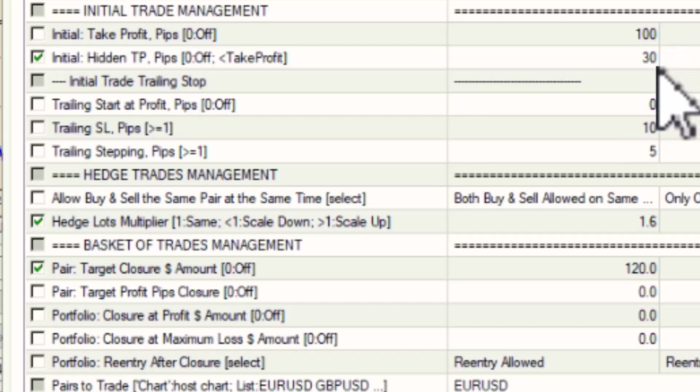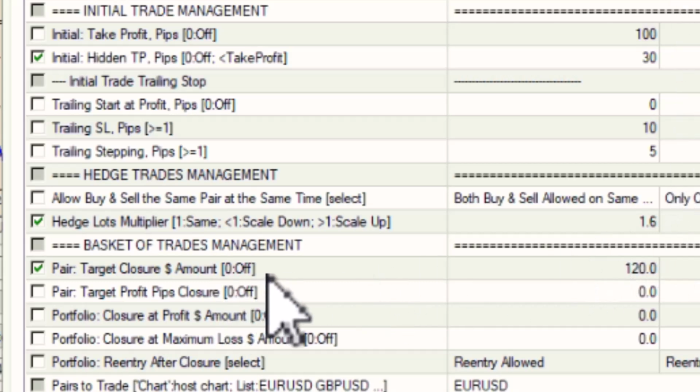The initial take profit is 30, so I'm going to leave that at 30, and we just go down. There's nothing else affected. The hedge lot multiplier. Now that is another lot sizing setting. That is 1.6, and we don't really need to adjust that because that setting will be based on the initial lot size setting, so we don't need to worry about that.